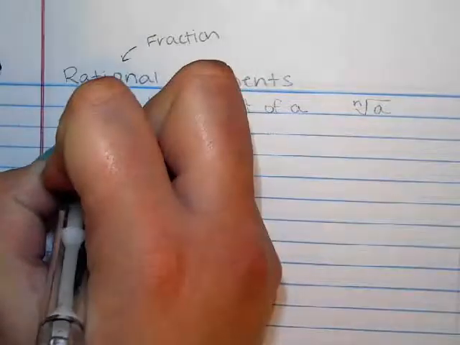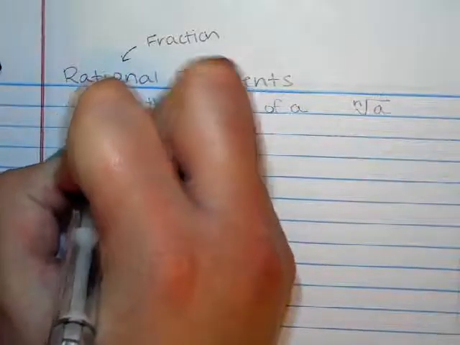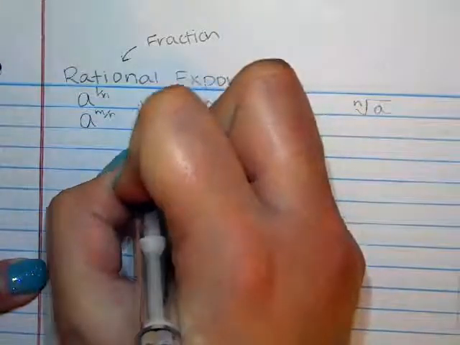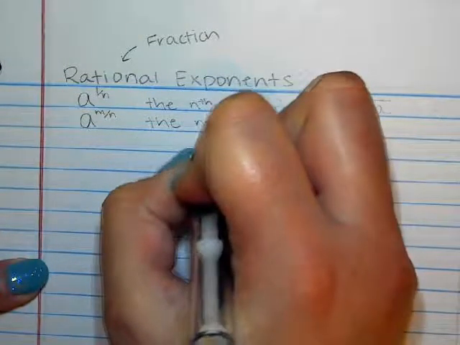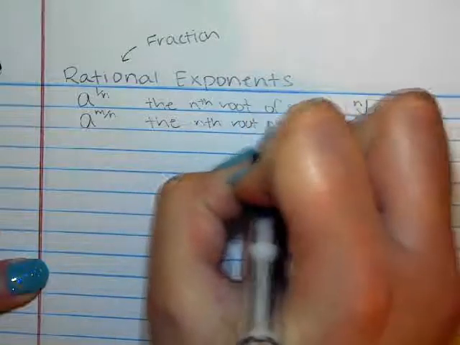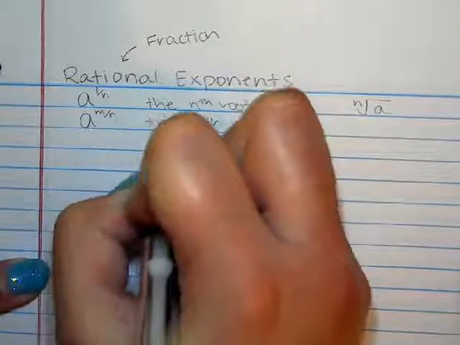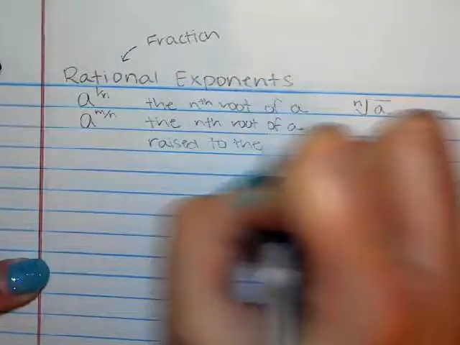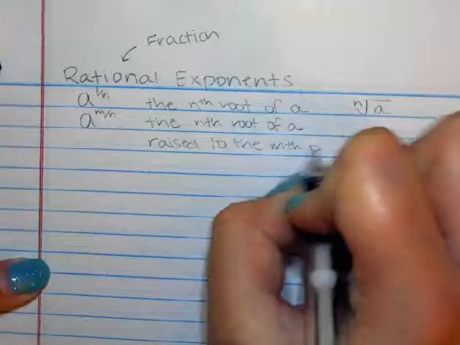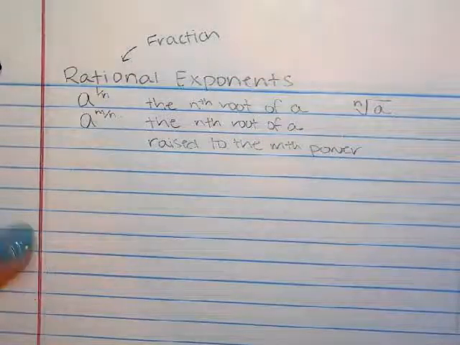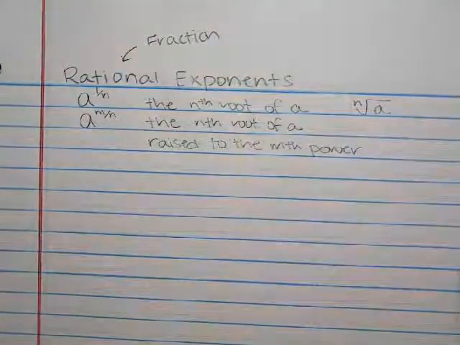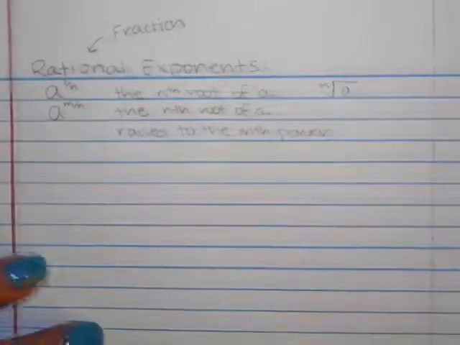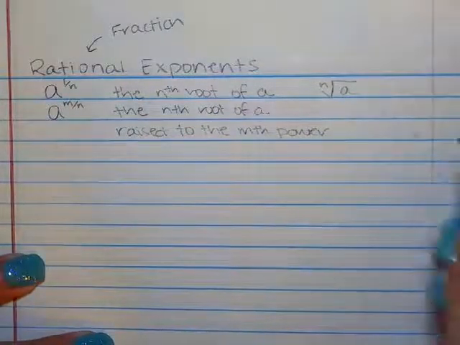Or we could say a to the m over n, which is the nth root of a raised to the mth power. And there's two ways you can write this.